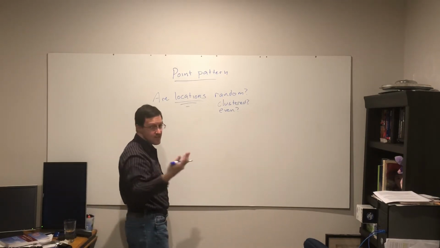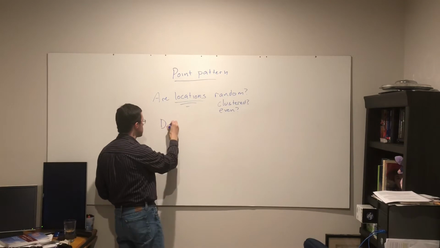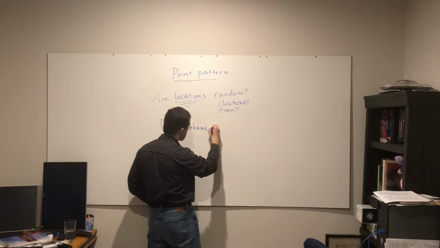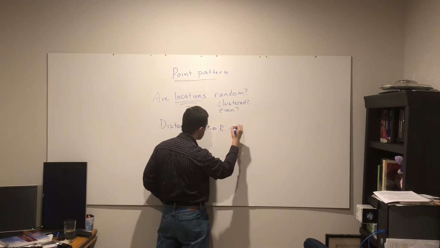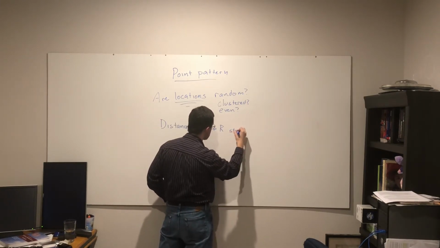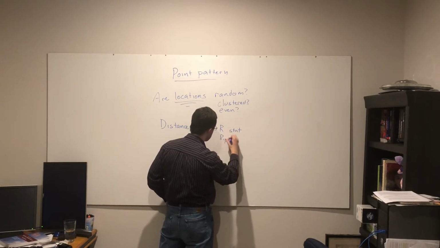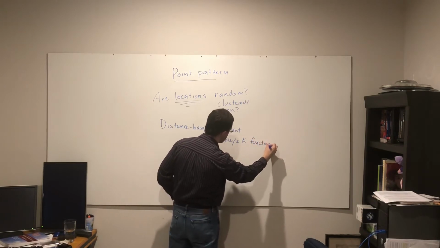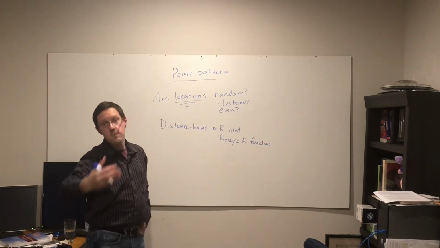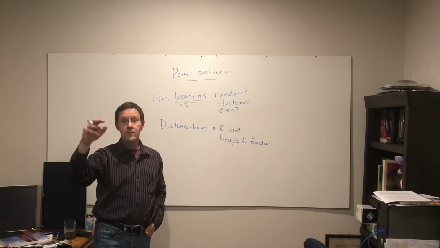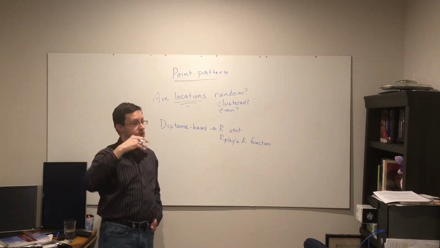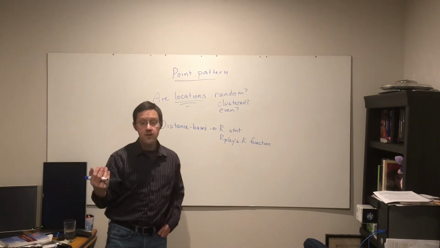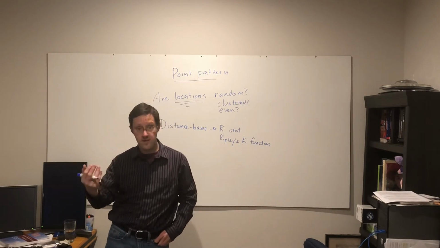And we saw many different types here. And we saw, based upon the two assumptions of complete spatial randomness, that points are located independently of each other, and that points are equally possible anywhere in the data set, in the study area.